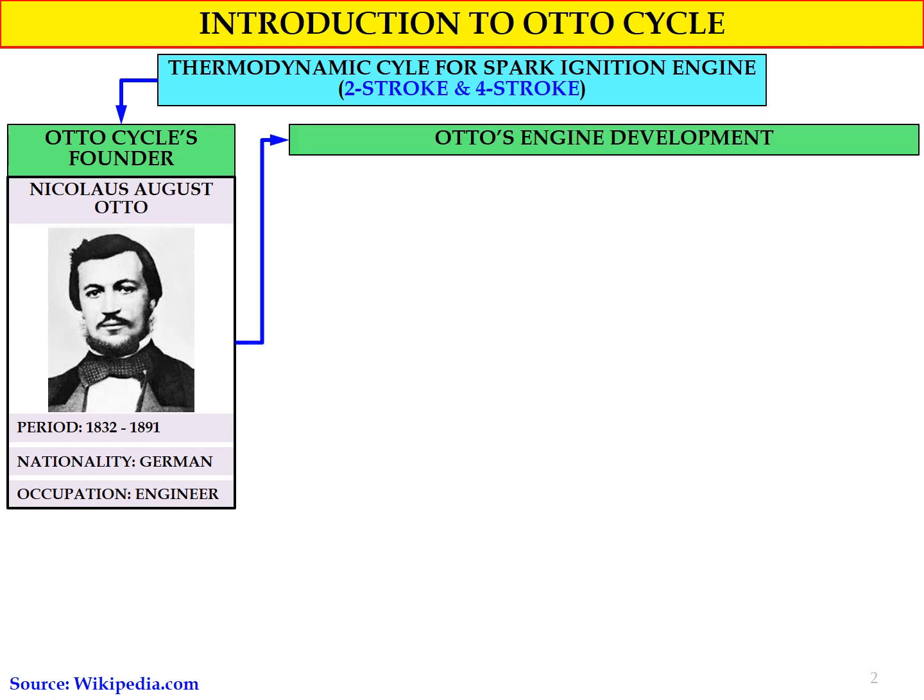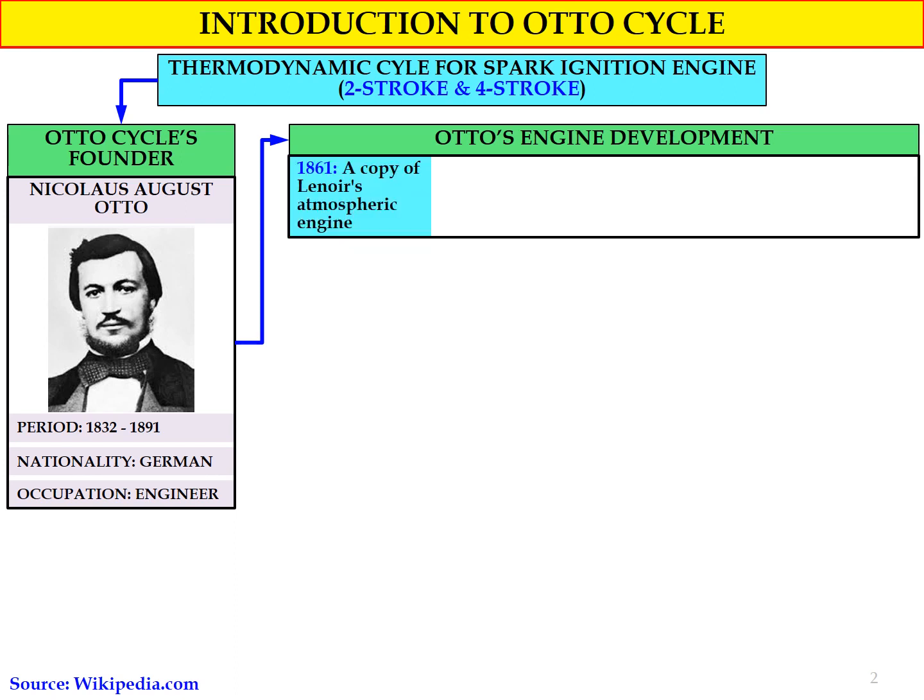Okay, so in terms of engine development, Otto built four engines during his period. First, in 1861, he built a copy of Lenoir's atmospheric engine, where he used a different kind of fuel.